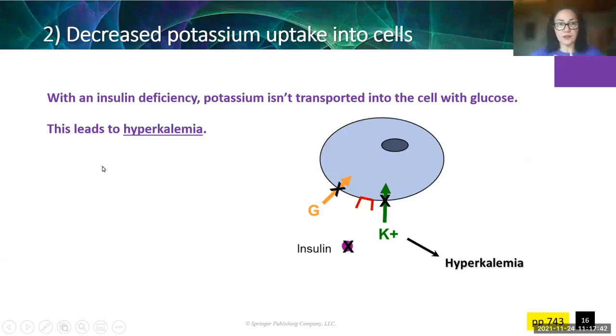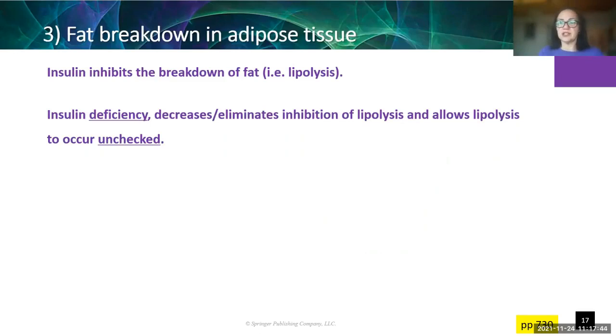And then the third complication of not having enough insulin is the fat breakdown in adipose tissue, which sounds like a great problem to have, except that it gets to be an extreme problem. So insulin inhibits the breakdown of fat. It actually interferes with lipolysis, the breaking up of fat in the adipose tissue.